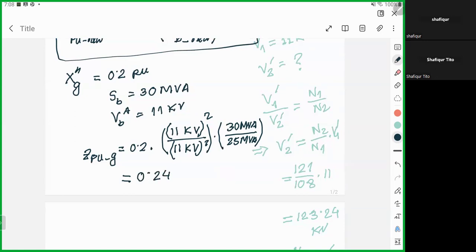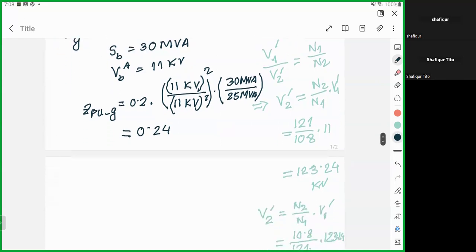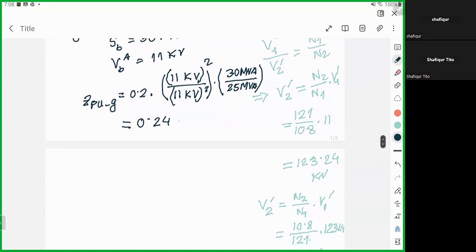Let me just do this calculation again: 1.2 times 0.2. Yeah, so the new value for XPUG is 0.24 pu.